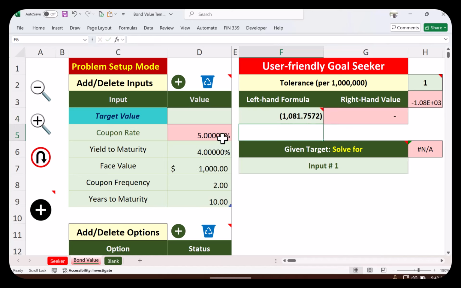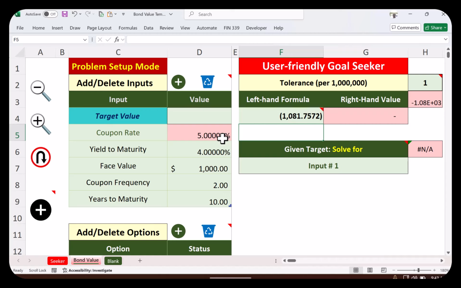Well, it looks like this bond is worth negative. That's because probably an accountant did the coding for this function. Accountants view things as debits and credits. So if you're getting payments for the bond, you have to be paying something.